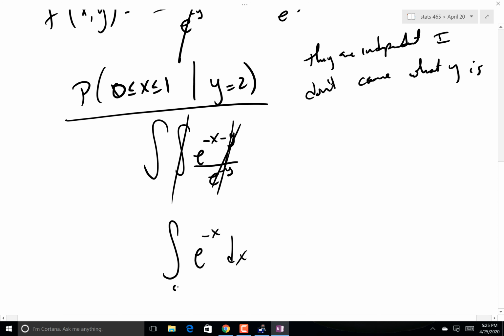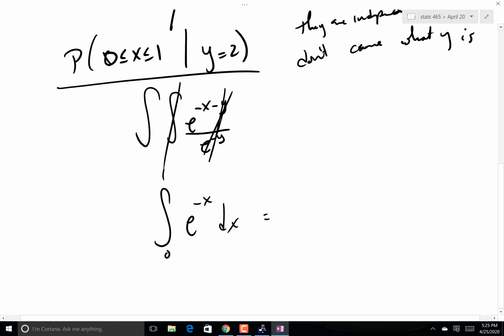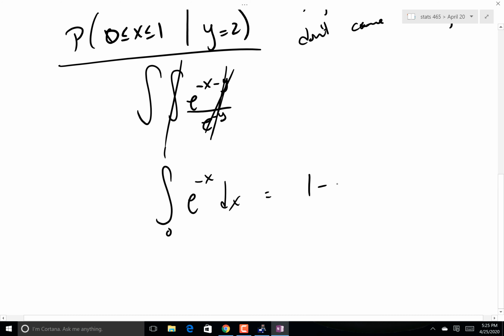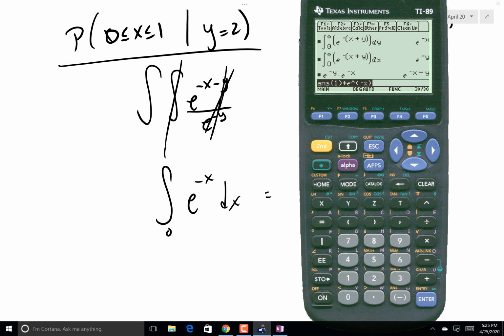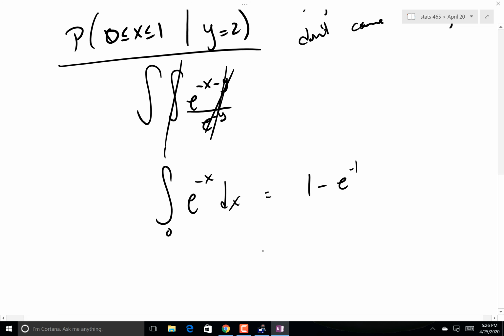I'm going to integrate it from 0 to 1, and so the answer is going to become 1 minus e to the minus 1, whatever that is, percent or thereabouts. Pretty sweet, pretty easy to do.